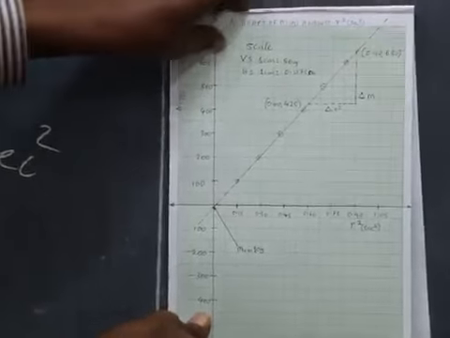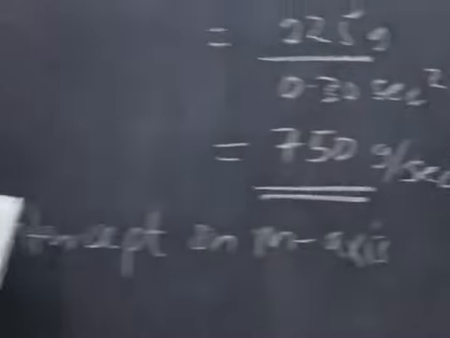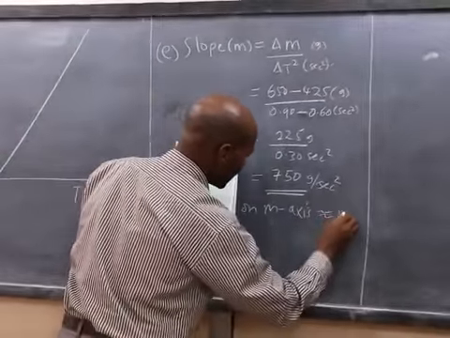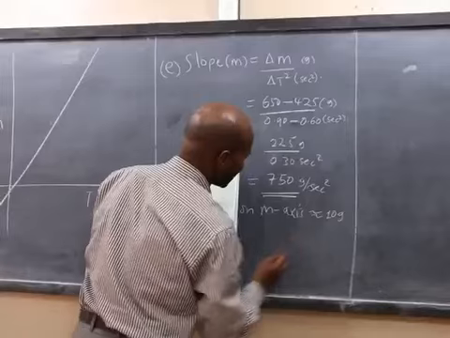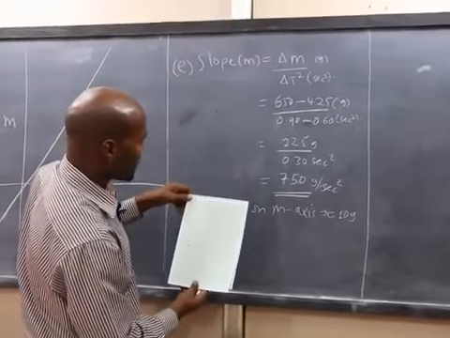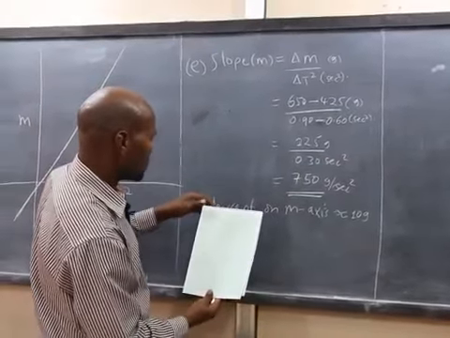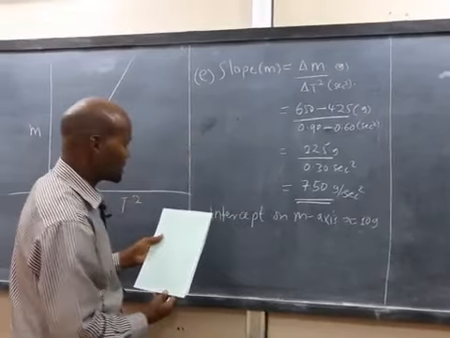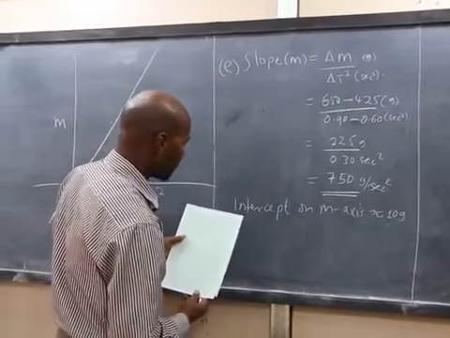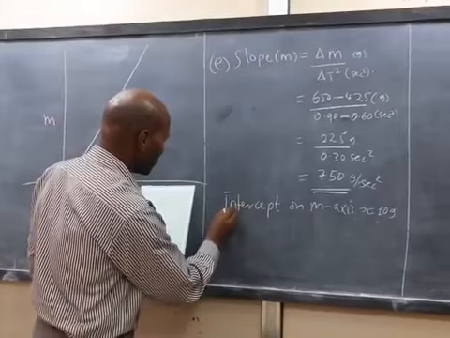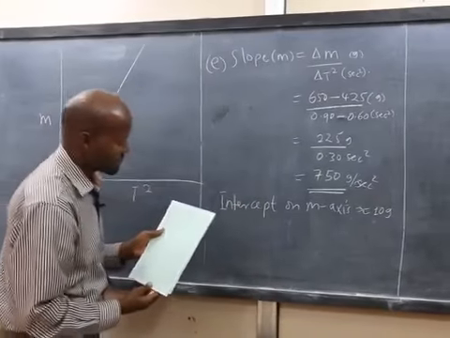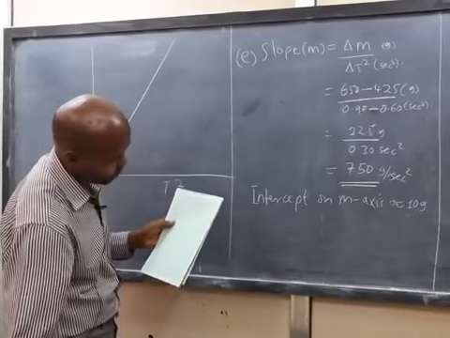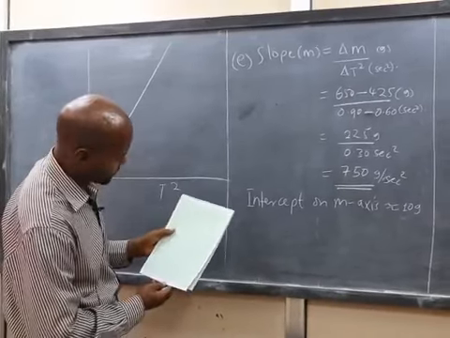According to our scale, the intercept on the m axis is approximately 10 gram. That is the value of the mass of the spring.